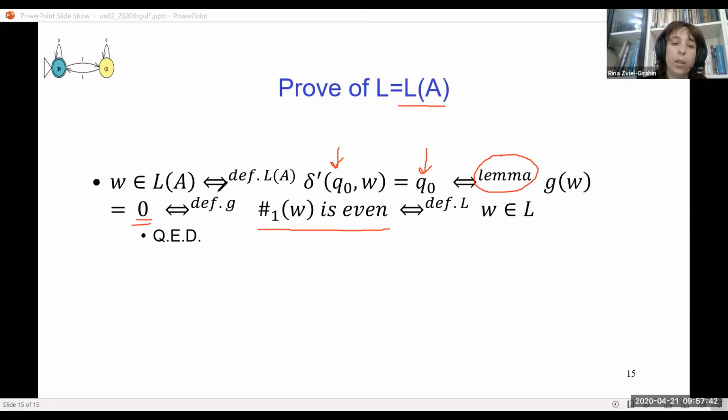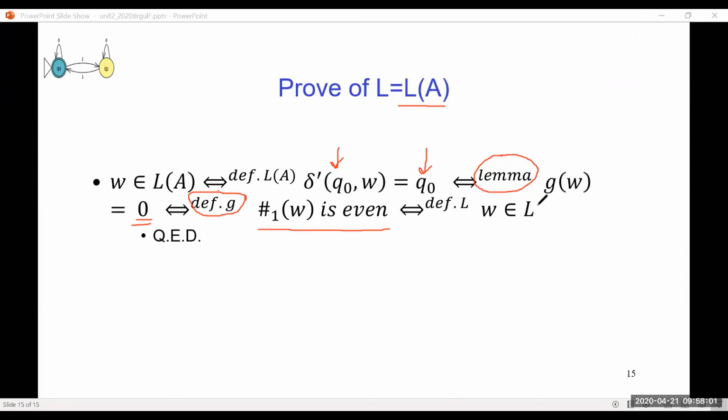The meaning is G of W equals 0. According to the definition of function G, the number of ones in W is even. Therefore, W belongs to the original language.